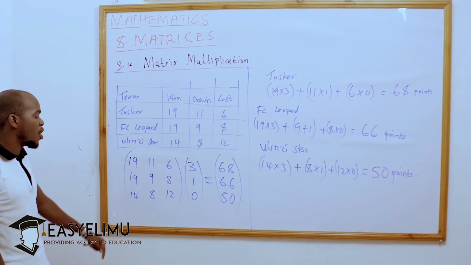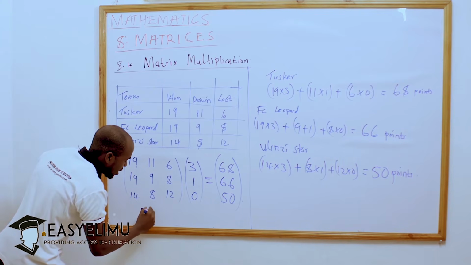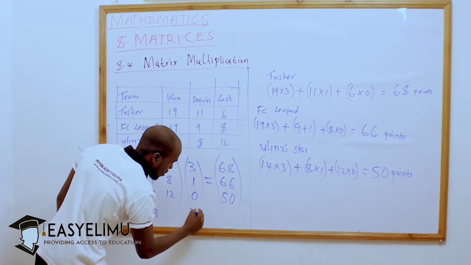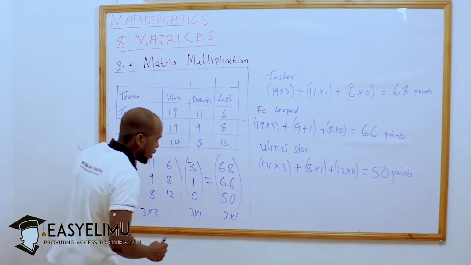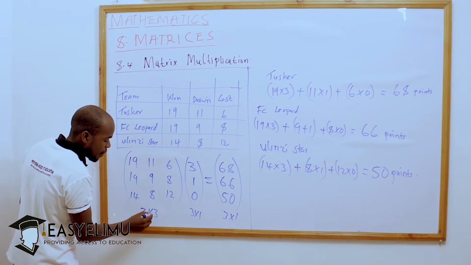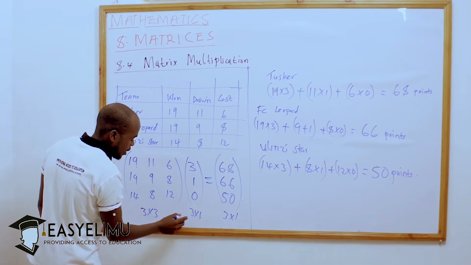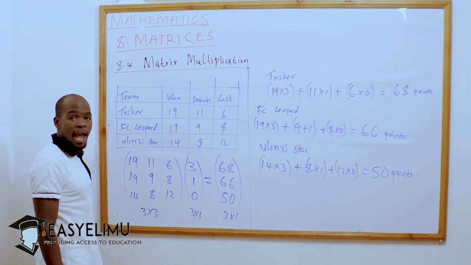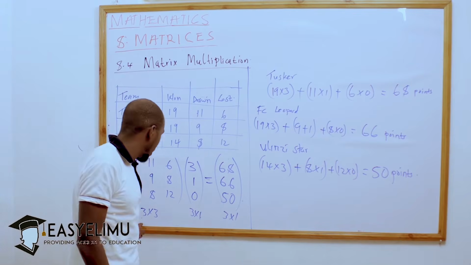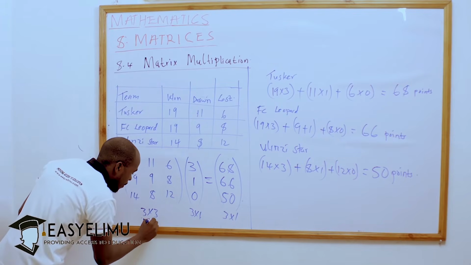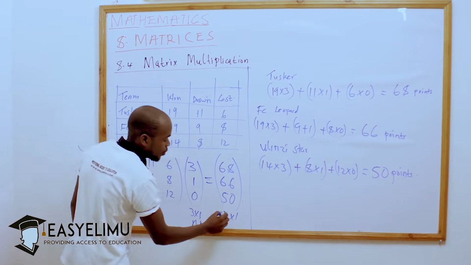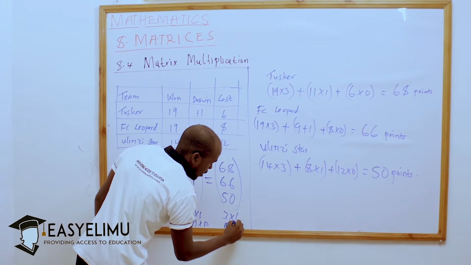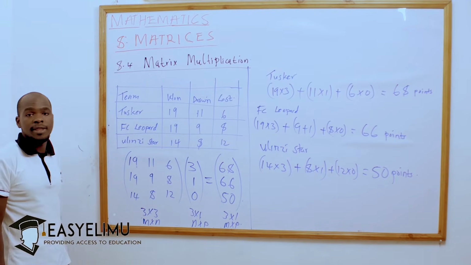So as I told you earlier, this was a 3 by 3 matrix. This is a 3 by 1, but our result here is taking 3 by 1, meaning what? If this one is M by N and this one is N by P, then our result takes M by P. That is what we have seen there.